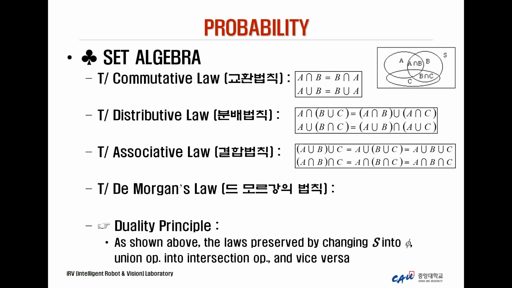And finally, De Morgan's law. You have A union B and A intersection B. Now you apply the complement.